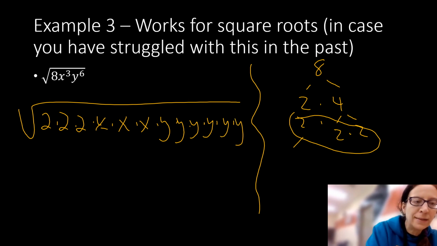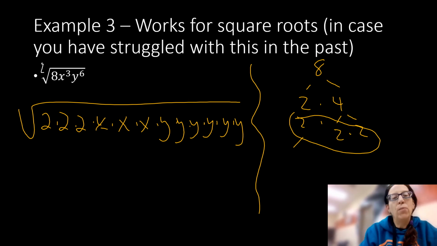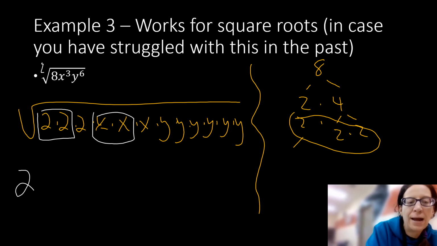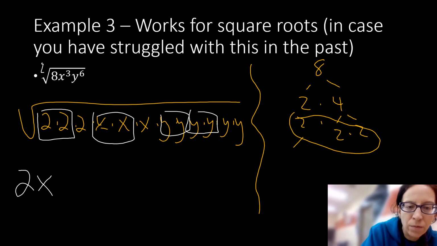If you don't see an index, it is assumed to be a 2. So with a square root, we are looking for groups of 2. There's a group of 2 2s. So the square root of 2 squared is 2. Here's a group of 2 x's. The square root of x squared is x. Then I have a bunch of groups of y here.